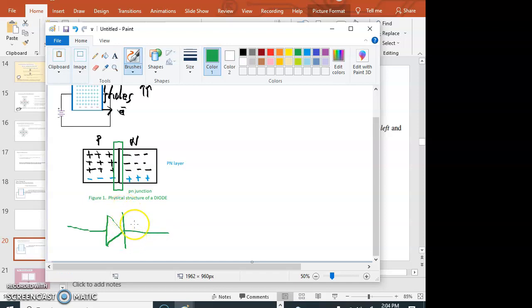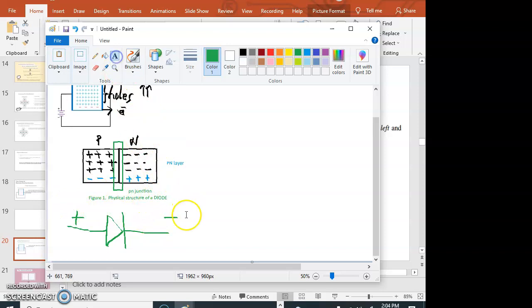So the bar represents the negative terminal because it is more of the electrons. And the triangle side is more of the positive because it has many more hole carriers. So that is the positive terminal.